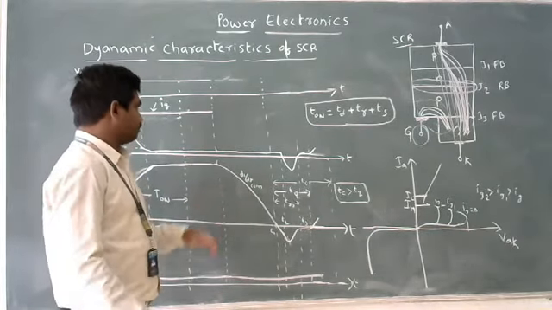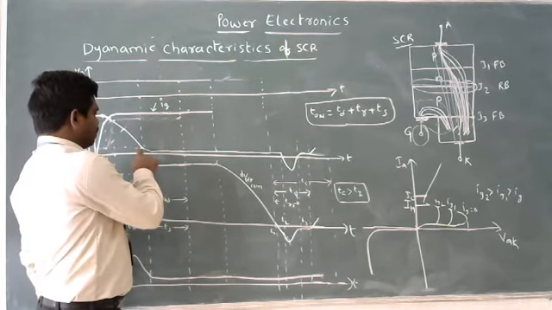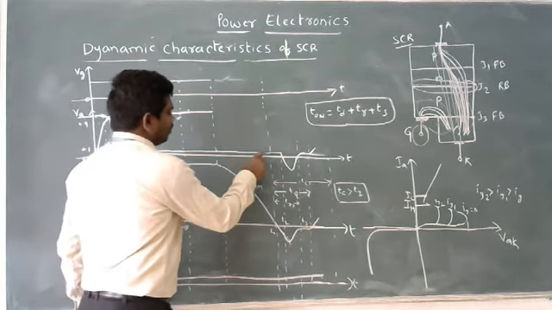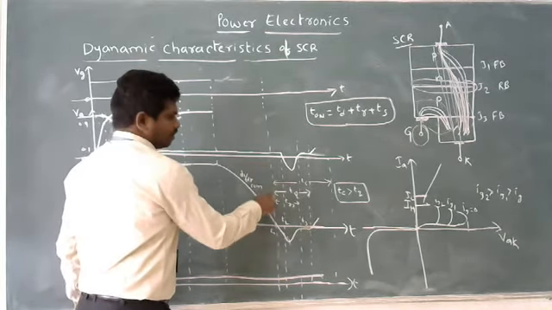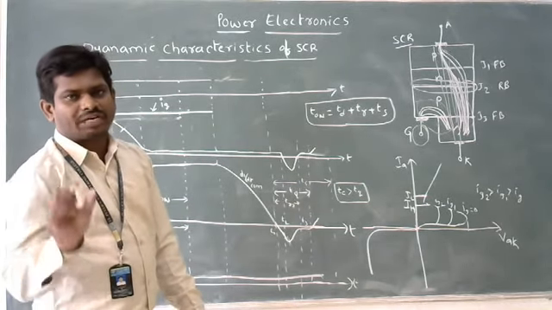Look at this. The anode voltage maintains a constant value till this point, the switching voltage drop value.